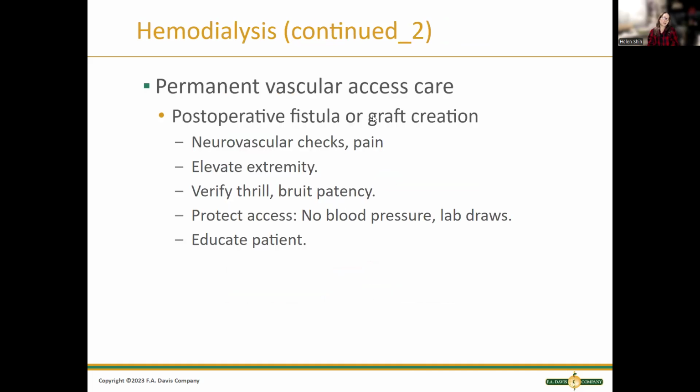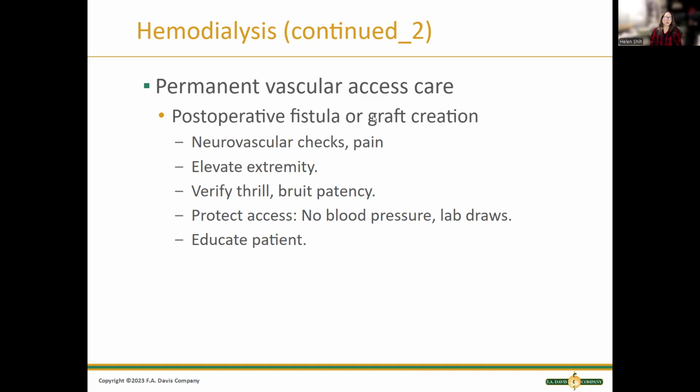So with hemodialysis, it's really important to establish a permanent vascular access and to take care of that vascular access. If the patient has a fistula or graft creation, you cannot take blood pressure or labs by drawing blood from that arm because we need to save the access of that arm for hemodialysis.